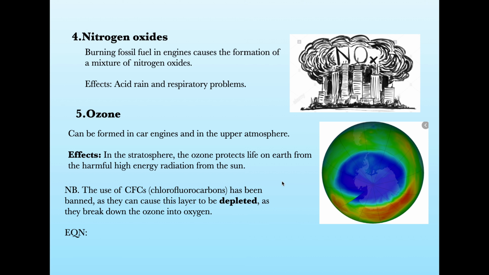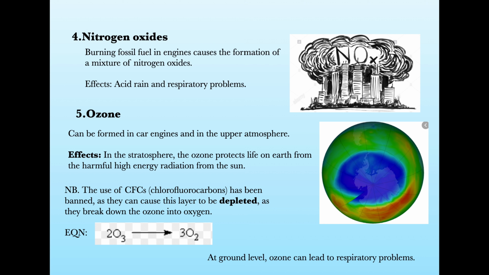It's getting better. You can look at pictures on the internet. You can see the hole is improving. It's getting smaller. The overall equation for this process is that 2 moles of ozone are destroyed and they make 3 moles of oxygen. That's what happens in the upper atmosphere if you have these CFCs floating around.